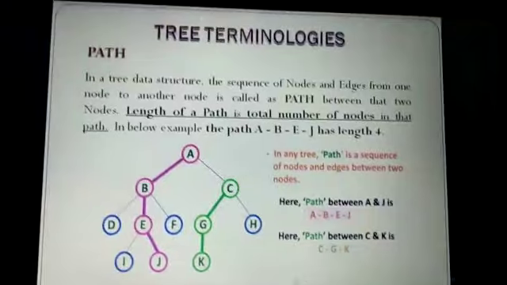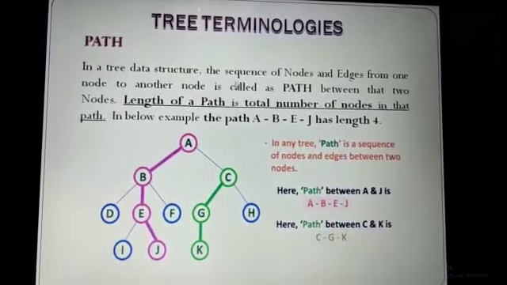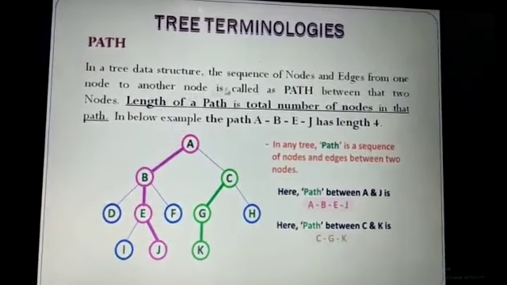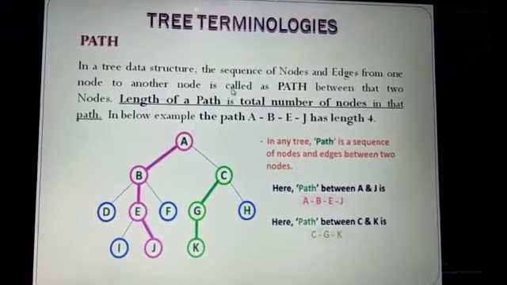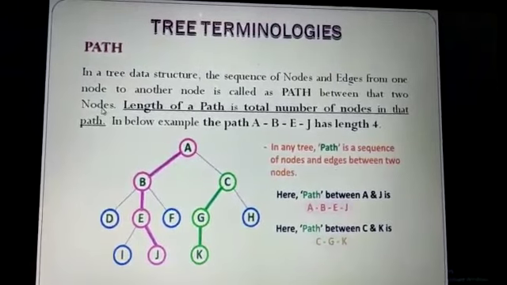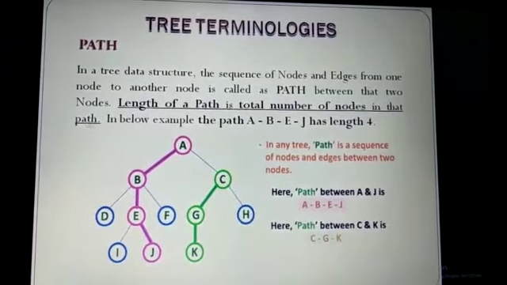Next one, a very important topic, path. In a tree data structure, the sequence of nodes and edges from one node to another node is called a path between those two nodes. The length of a path is the total number of nodes in that path.